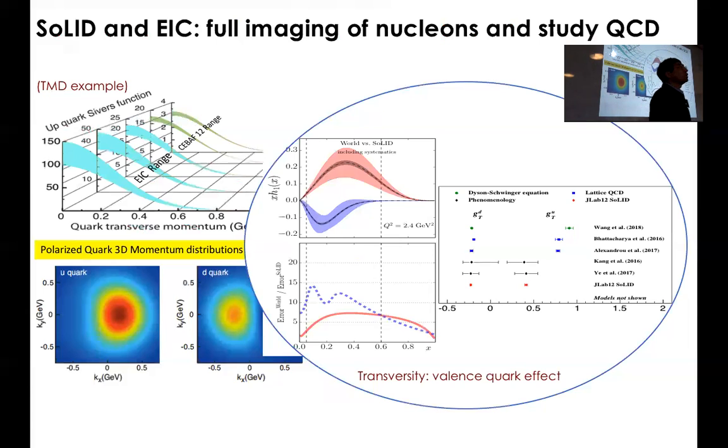Outside this range we did some study with different models to see how sensitive it is. In these pictures at large x, we don't know u, we don't know d, and then all of a sudden we will know the transversity very well, which is odd.